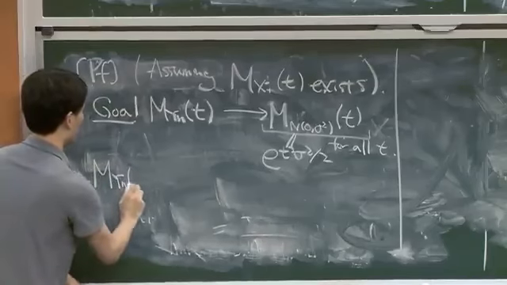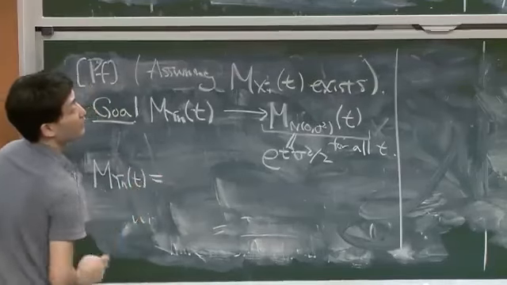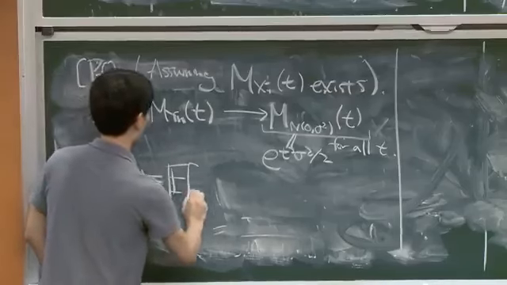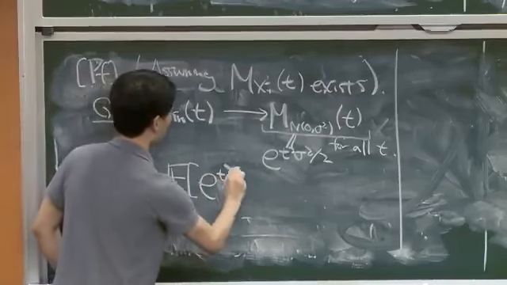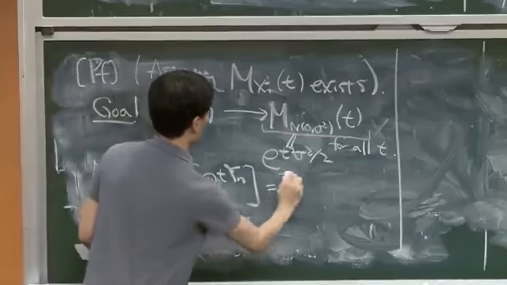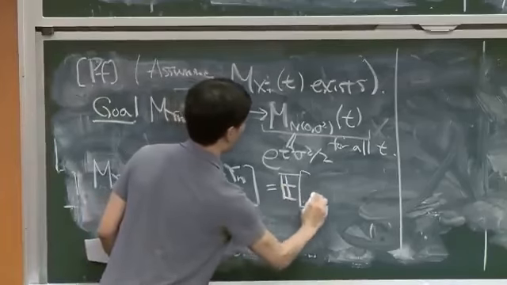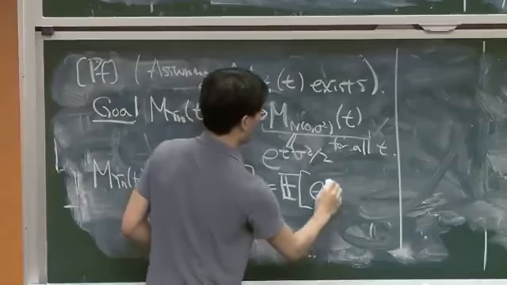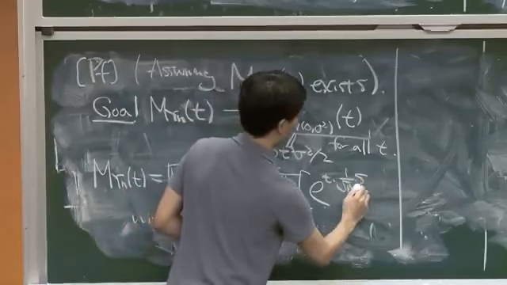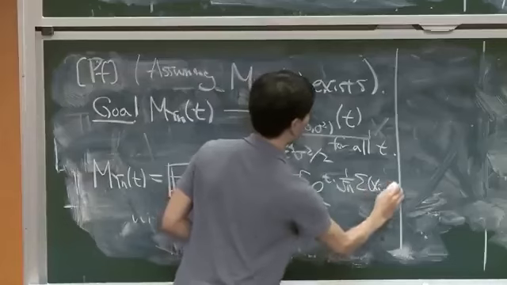The moment generating function of Yn is equal to the expectation of e to the t Yn, which is the expectation of e to the t times 1 over square root n times the sum of Xi minus mu. The sum becomes a product of e to the t over square root n times Xi minus mu.